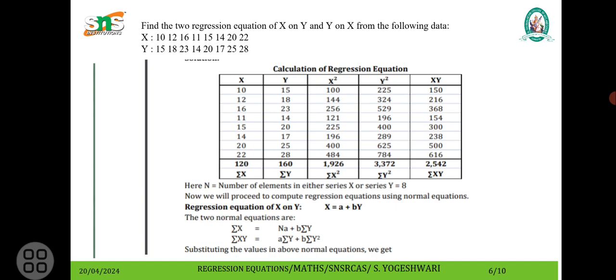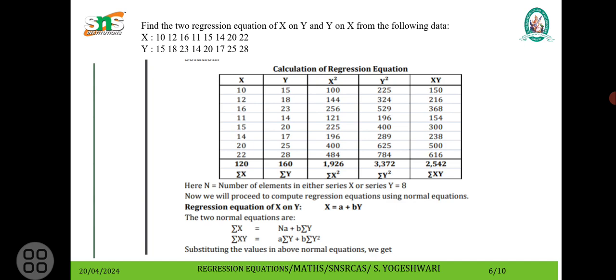Next, find the two regression equations of x on y and y on x from the following data. First of all, we have the data in x and y. Then x square, just square the values of x, and y square, square the values of y, and multiply x and y.